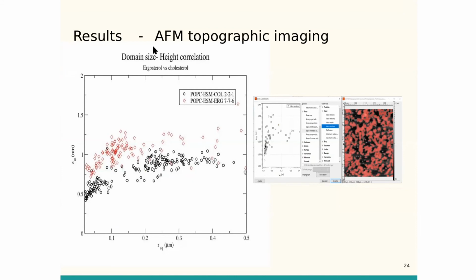And what we see when we look at the AFM results is this: this is the size of the domains, there are domains of different size, and this is the height correlation, the difference in width between the POPC and the sphingomyelin, okay? We can see that cholesterol seems to be lower, and with ergosterol there is a larger difference.